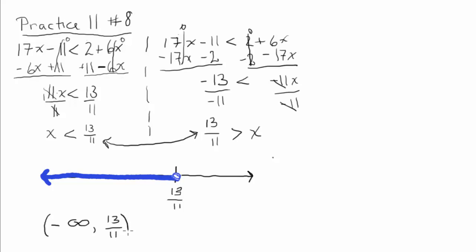And the endpoint is not included, so we get a paren as opposed to a square bracket. And our answer in interval notation is that the solution to this inequality is all the values on the interval from negative infinity to 13 over 11. And so I hope this helps.